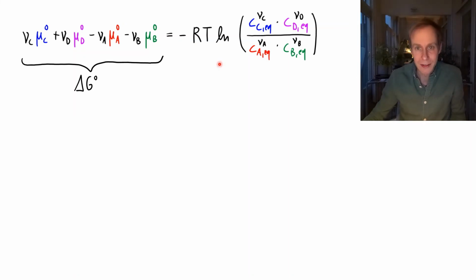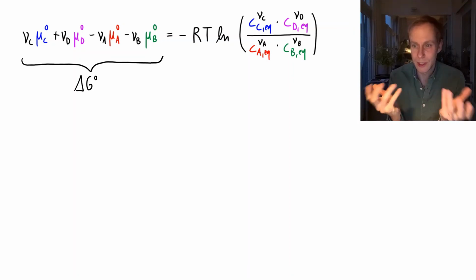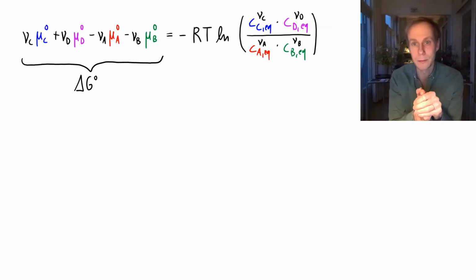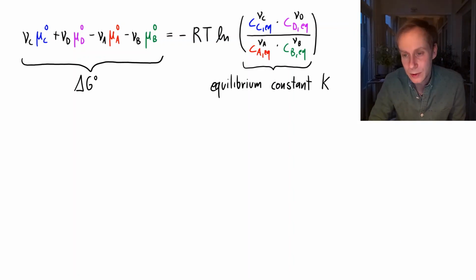The right side here is this logarithmic expression, and the part in the natural logarithm is the concentration dependence at equilibrium, right? It relates the concentrations of reactants and products to each other at equilibrium, where the free energy is minimum. And that relationship is called the equilibrium constant, simply, right?